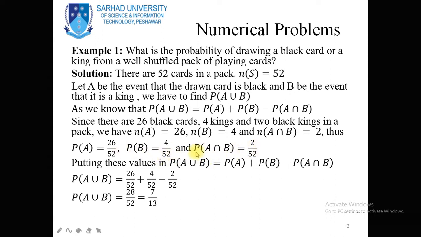Putting these values in this law, probability of A union B is equal to 26 by 52 plus 4 by 52 minus 2 by 52. After simplification we have 28 by 52, which is equal to 7 by 13. So the probability of A or B is 7 by 13.